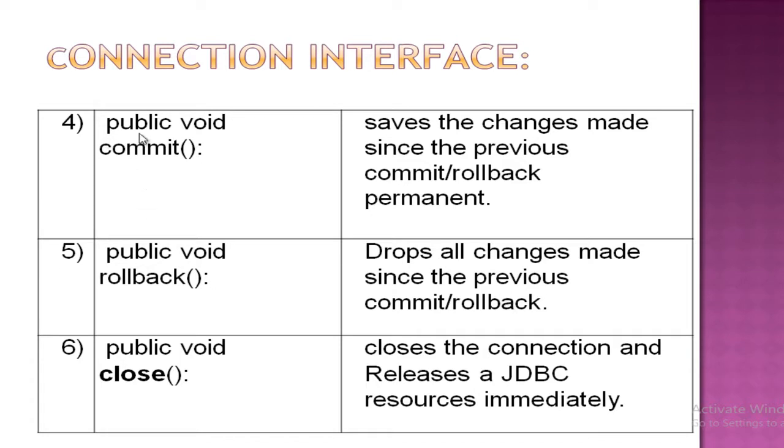So here public void commit saves the changes, and public void rollback drops all the changes made since the previous commit or rollback. Next, public void close closes the connection and releases the JDBC resource immediately. Suppose you are going to close the connection, then you have to write public void close.